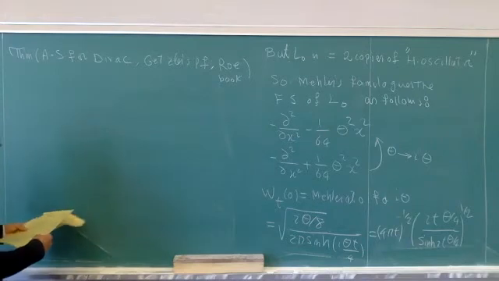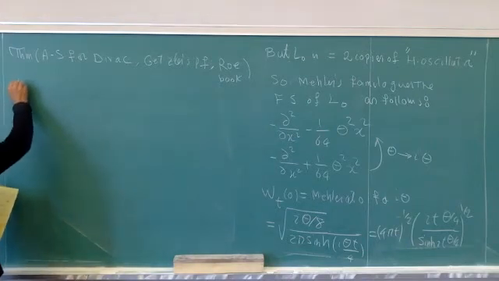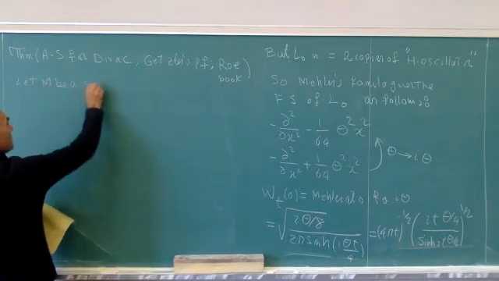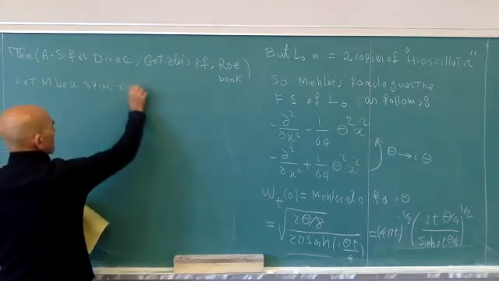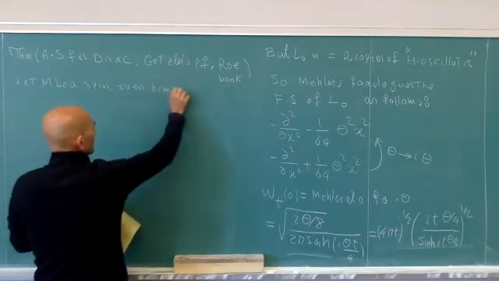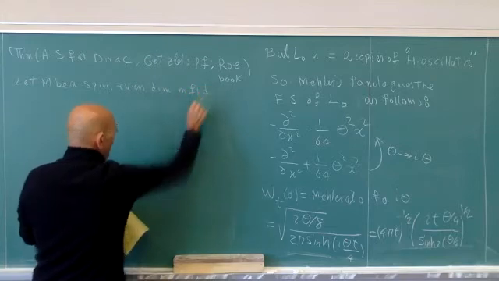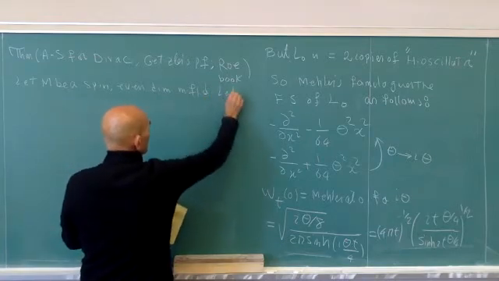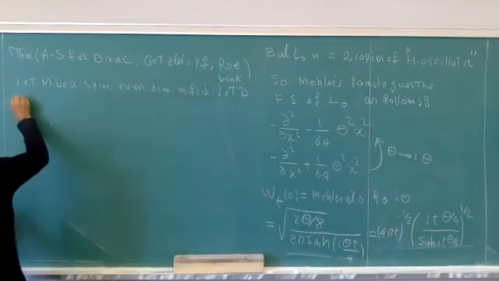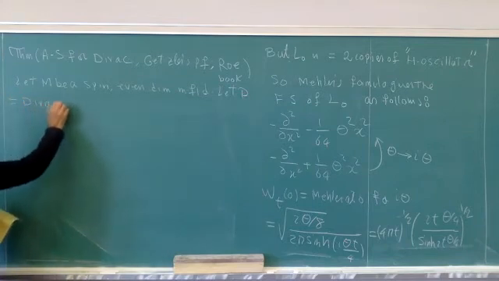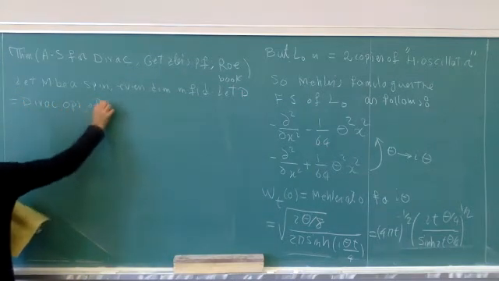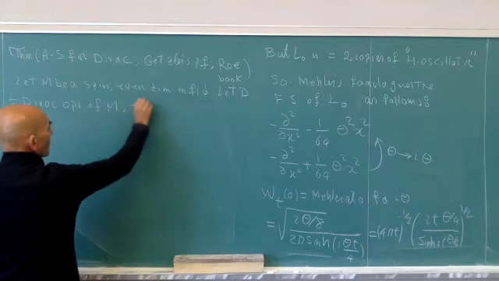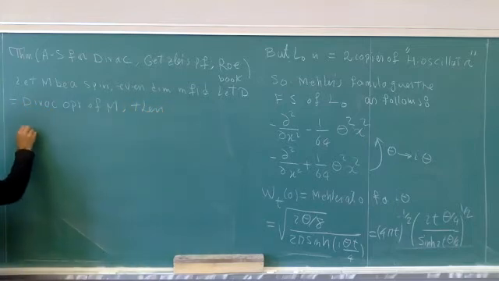Okay, so the theorem is this. Now let M be a spin even dimensional manifold with Dirac operator. Let D be equal to the Dirac operator of M. Then the index of D plus.